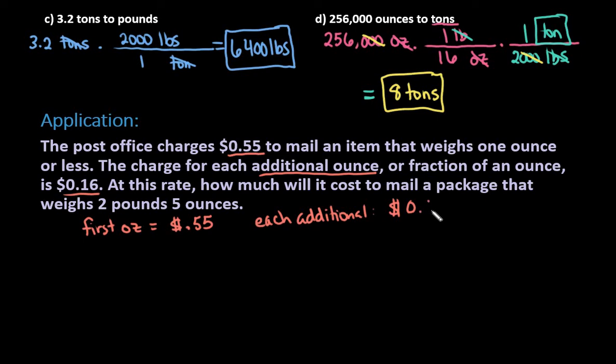Okay, if you wanted to, you could set this up algebraically with variables, or you can just keep it in terms of what you have. So our total cost is going to equal 55 cents for the first ounce, plus 16 cents for each additional ounce.